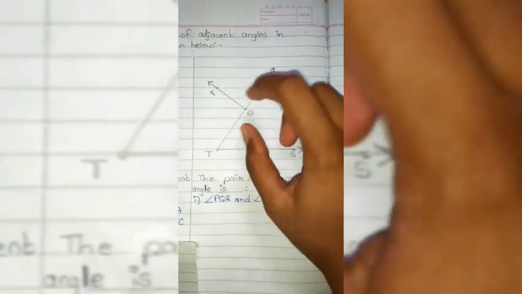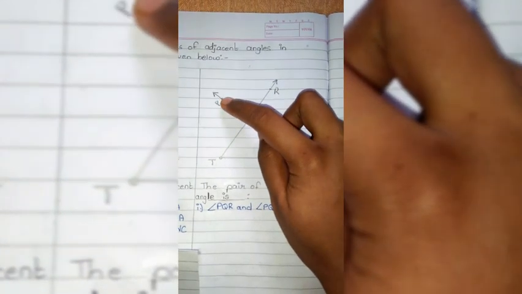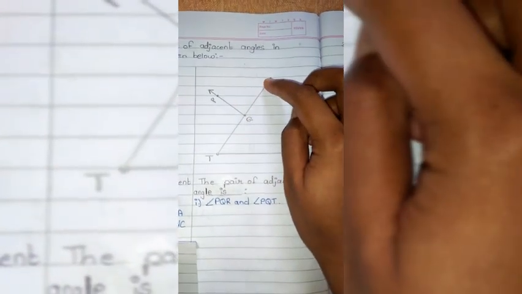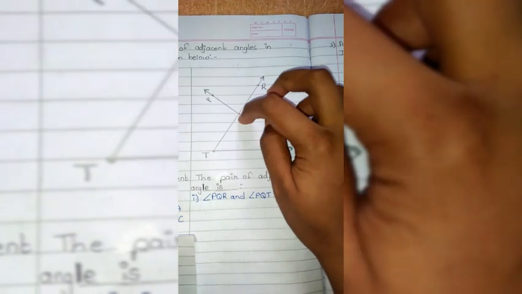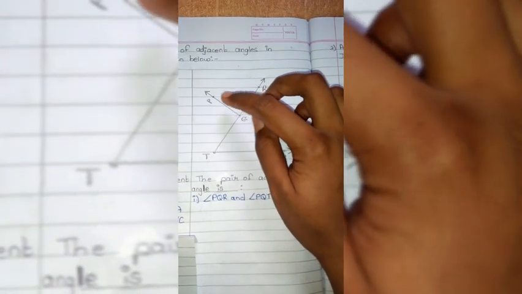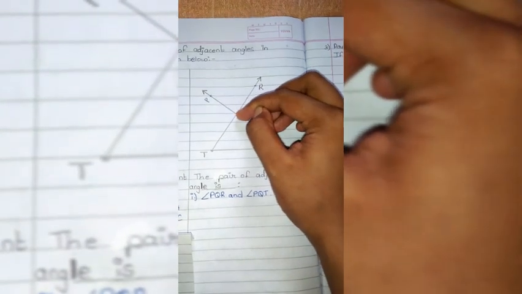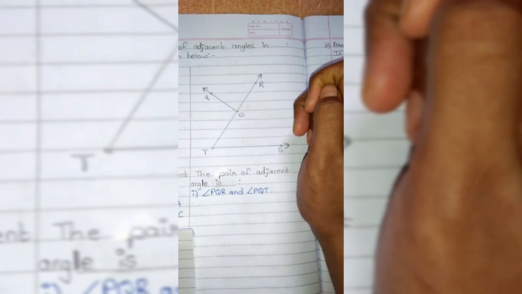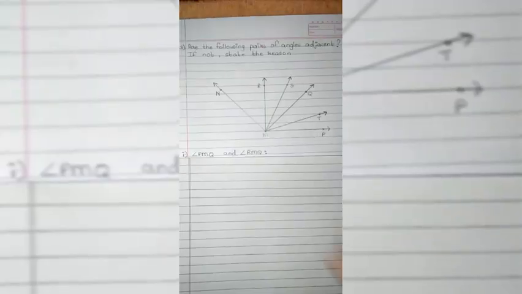Here there is only one pair of adjacent angles which are PQT and angle PQR because here Q is the common vertex, PQ is the common arm and these two are the separate interiors. So angle PQT and angle PQR are the pair of adjacent angles.